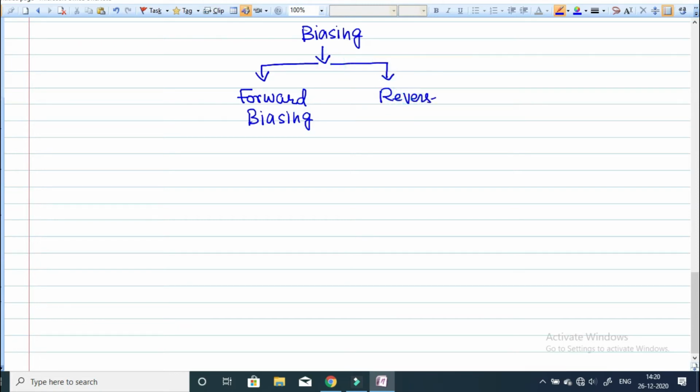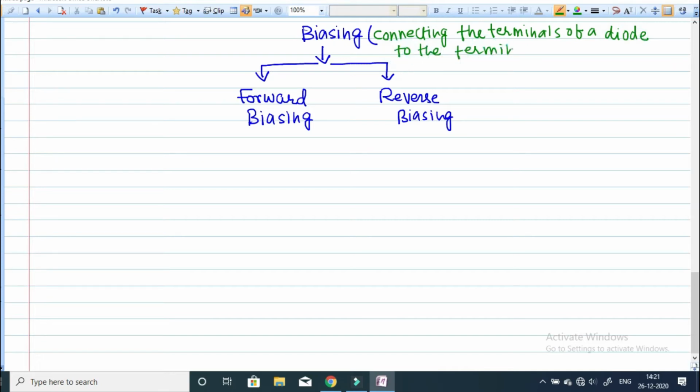Biasing is nothing but connecting the terminals of a PN junction diode, two terminals, to the terminals of a battery, which also has two terminals. That is known as biasing.